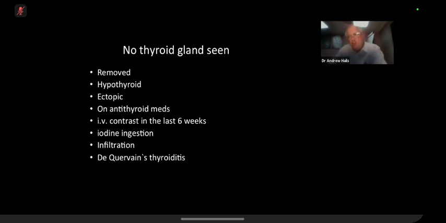Actually, in fact, if you're doing a pertechnetate scan rather than an iodine scan, you can normally get a reasonable image, even if the patient's been on anti-thyroid medication, or even if they've just had a CT scan containing IV contrast. Whereas with iodine, very often you don't get a proper image. And you can also get infiltration, of course. So there's a whole range of possible causes for not being able to see the thyroid gland.